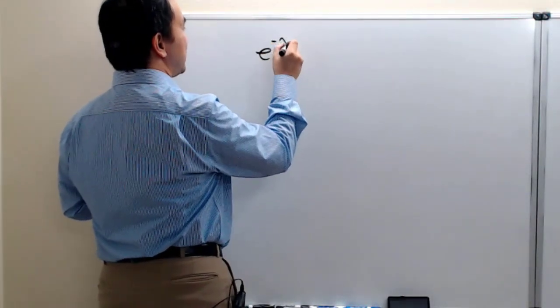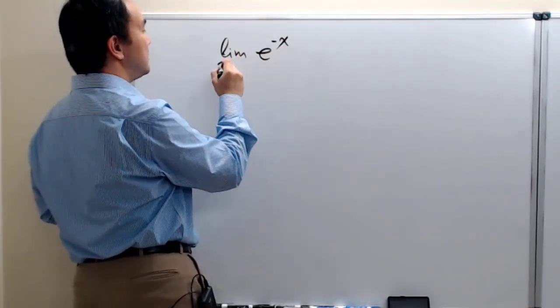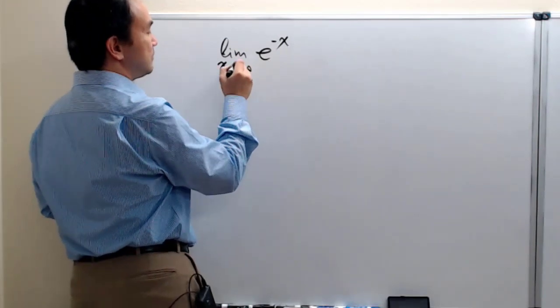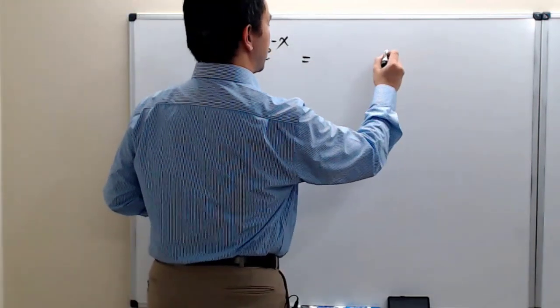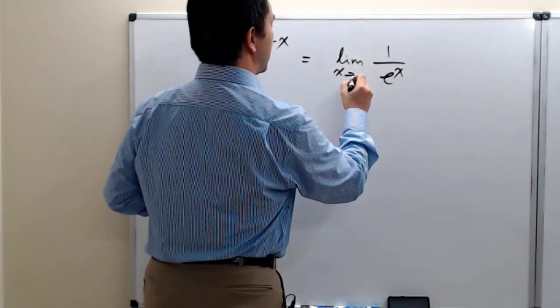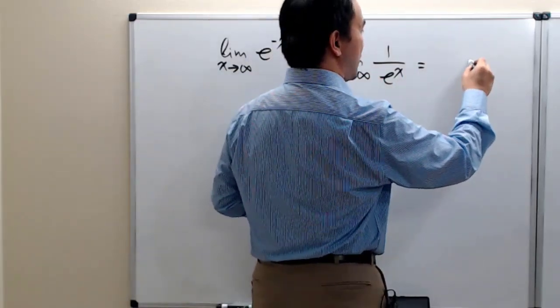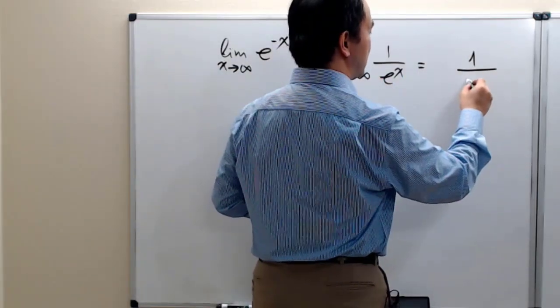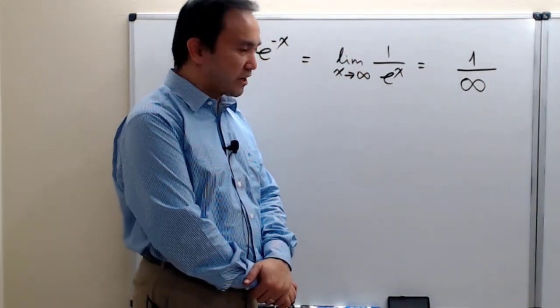e to the minus x, this is h of x right here. If we're finding that limit as x goes to positive infinity, then this is the same as 1 over e to the x, taking limits as x goes to positive infinity. This means we have a constant 1, but divided by something that keeps growing bigger and bigger.